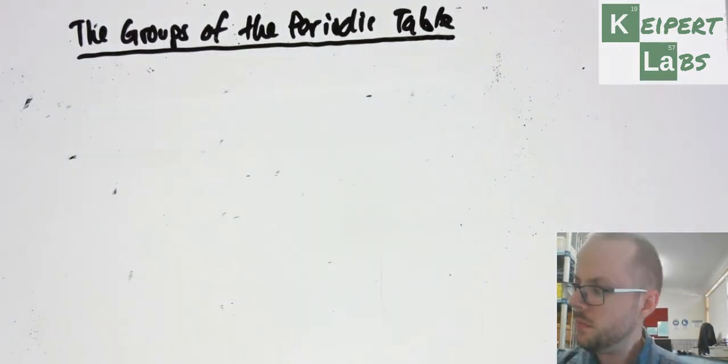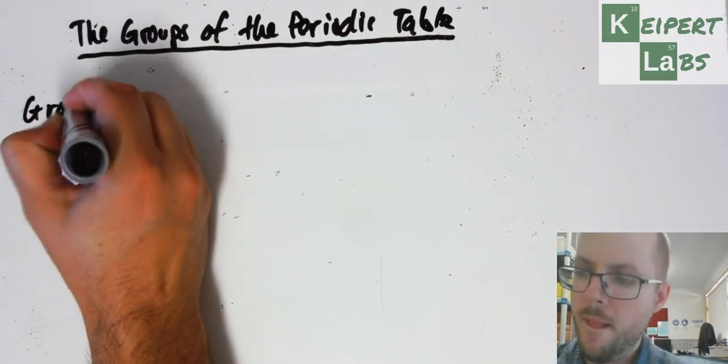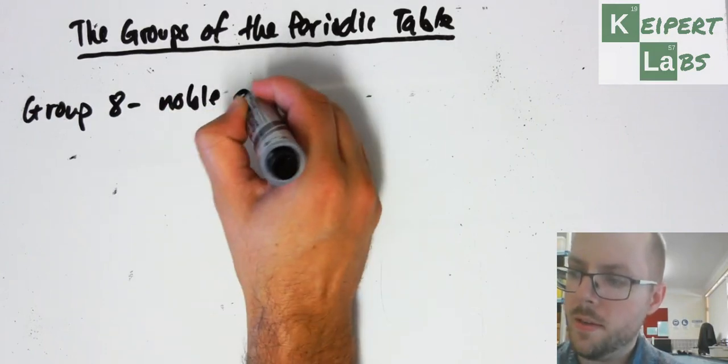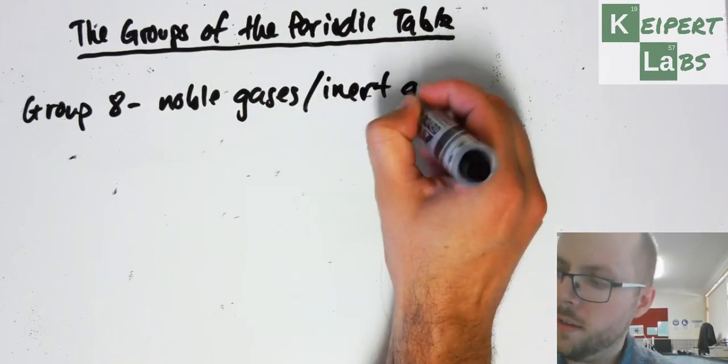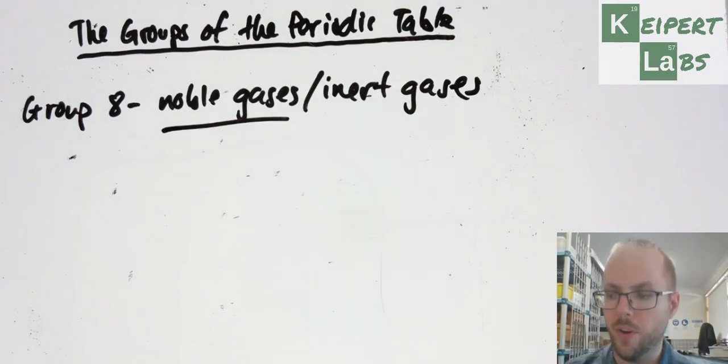Okay, so group 8 is what's called the noble gases, or sometimes known as the inert gases. But we will tend to use the term noble gases when we're referring to these ones.